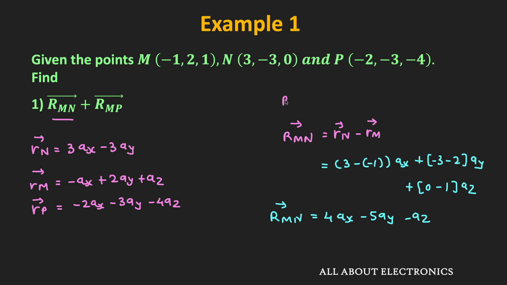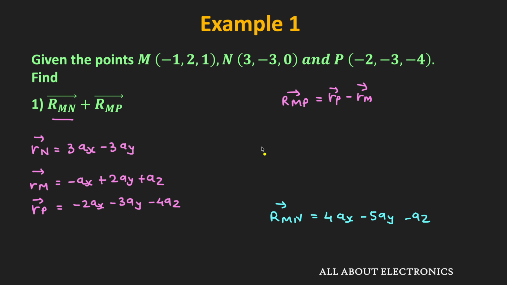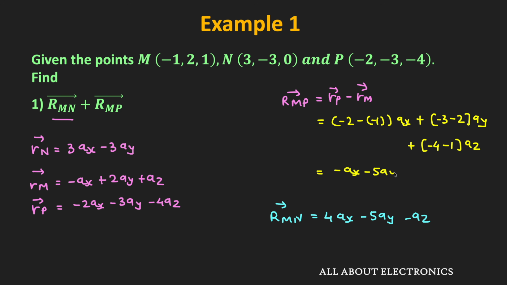The vector Rmp is given as Rp minus Rm, and once again that can be found by subtracting the vectors Rp and Rm component-wise. So it is equal to minus 2 minus 1 times ax plus minus 3 minus 2 times ay plus minus 4 minus 1 times az, which is equal to minus ax minus 5ay minus 5az. In this way, we got the vector Rmp.